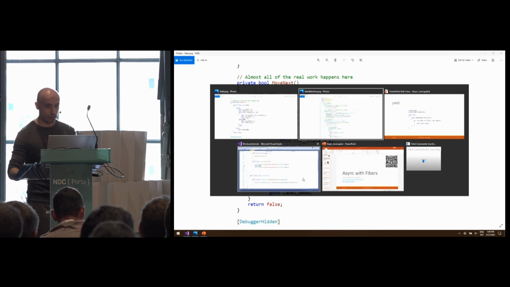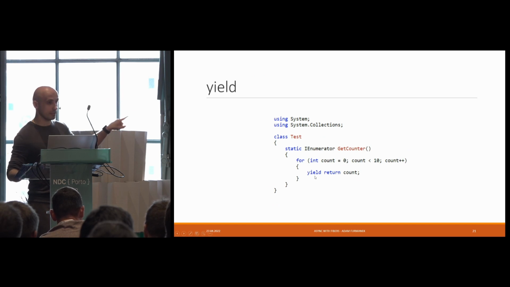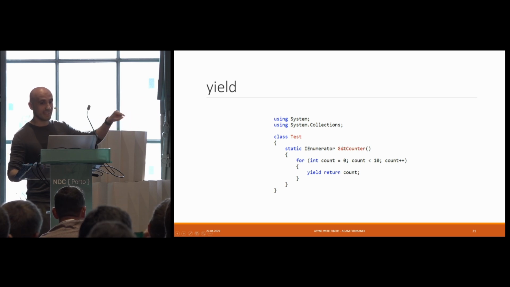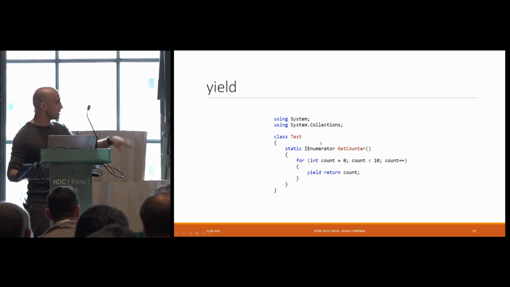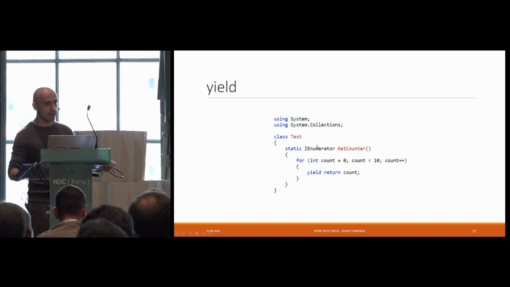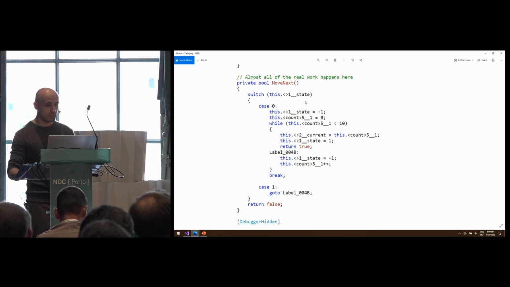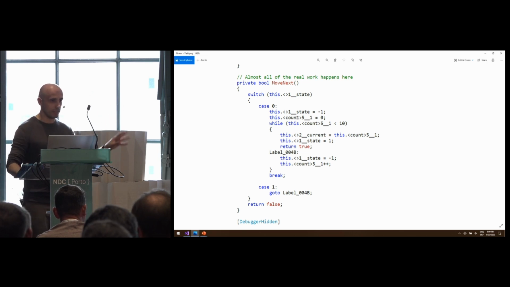So if you see how the compiler generates the code for you, the caller of this method calls getCounter and gets the IEnumerator instance, and then repeatedly calls the moveNext method on top of that. And this moveNext method knows where it is, and it reworks this whole for loop here.